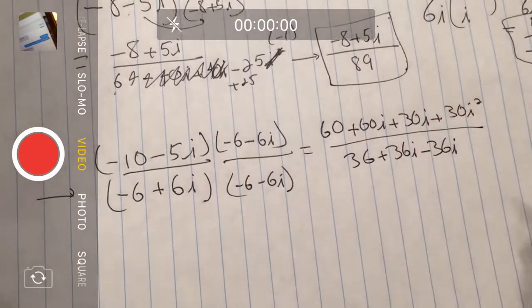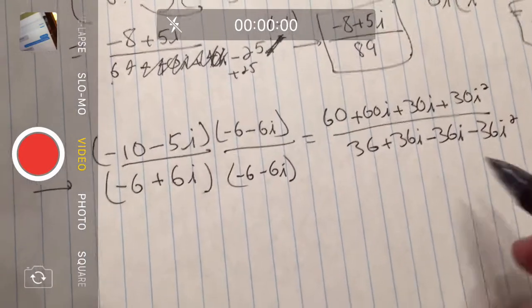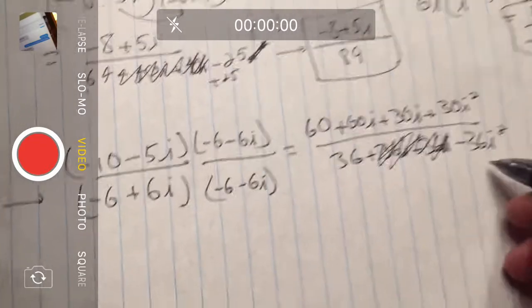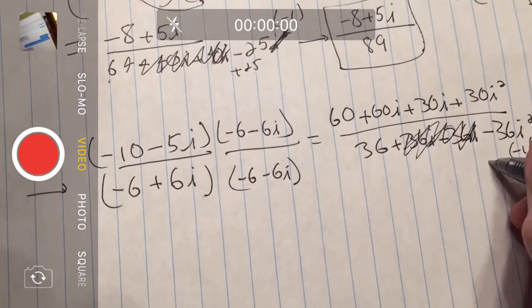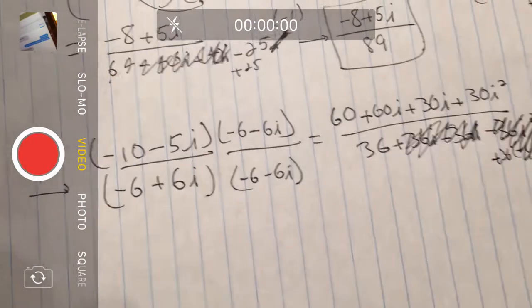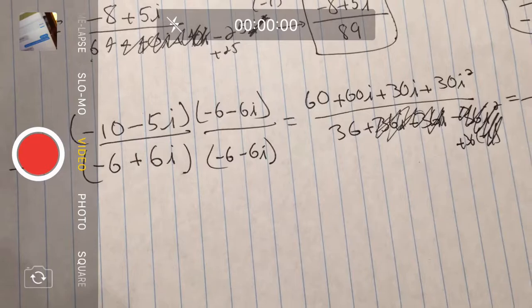Oh, sorry, not i squared, just i. And then the last one would be minus 36i squared. Okay, so those cancel, that's what I wanted. And that i squared is technically negative 1, so that becomes plus 36. So I have 36 plus 36 in the denominator. So the denominator will just be 72.